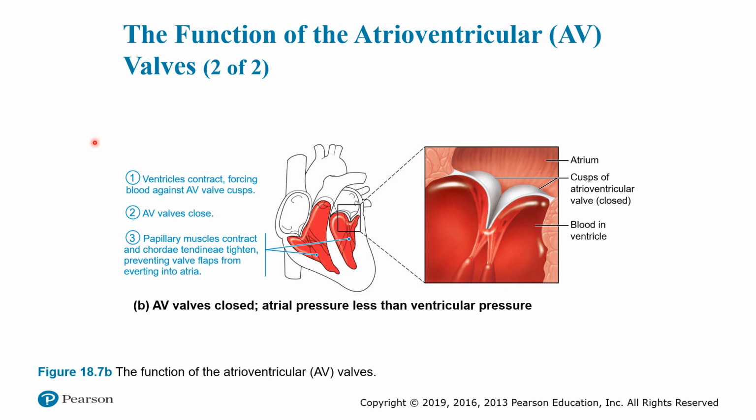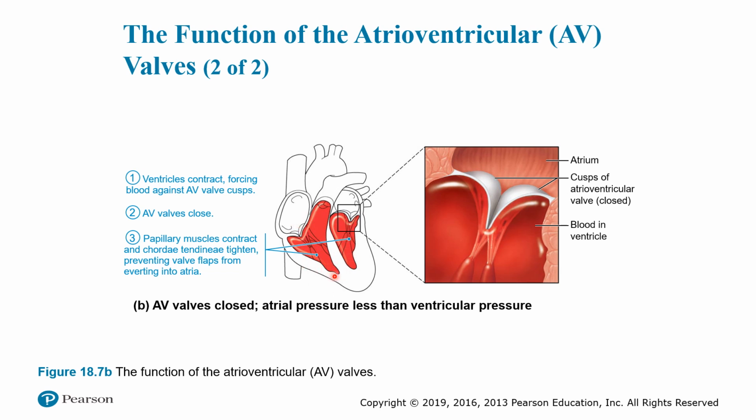Now what happens? The ventricles contract, right? So first the atria contracted and they pushed the last of the blood into the ventricles. Now the ventricles contract. When ventricles contract, the force of the blood pushes the valve up, and the AV valves close, and the papillary muscles contract, and the chordae tendineae tighten, preventing the valve flaps from everting into the atria.